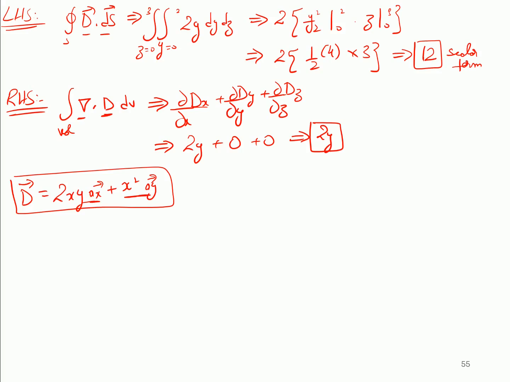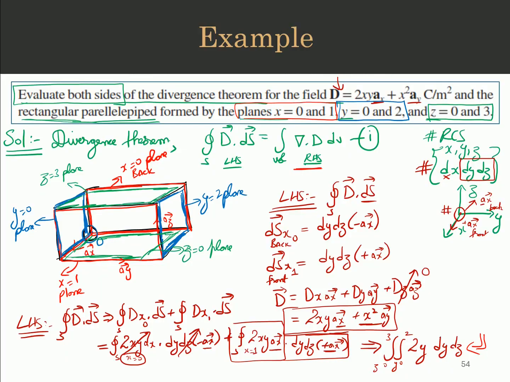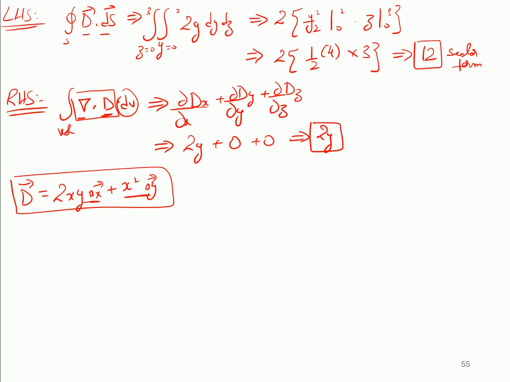So we have figured out the partial derivative. Now we want to find dv. This is a rectangular coordinate system, so dv will be the combination of all three elements. The equation simplifies to 2y dx dy dz, and then we take the integral.